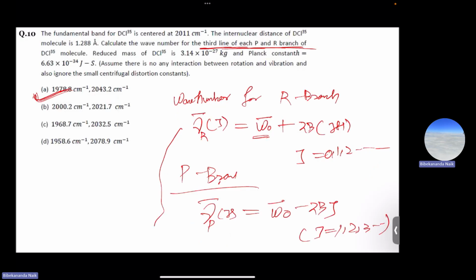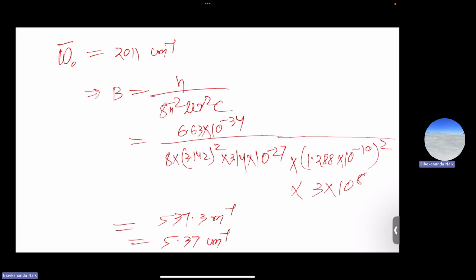Now if you see the formula, in this formula, the R branch and P branch, each branch is separated by a distance 2B. So for R branch, it will be separated from the central or fundamental band by 2B. So it will be omega 0 plus 2B. Then for the second member, it is plus 4B, plus 6B, like that. Similarly, it is negative for the P branch, which is omega 0 minus 2B, minus 4B, minus 6B, like that. We now obtained the value of B, and we have the value of omega 0 from the question.